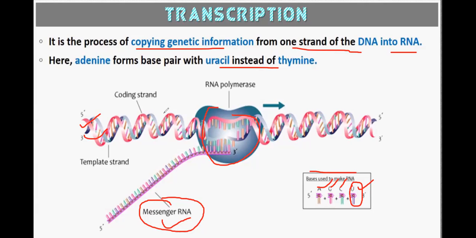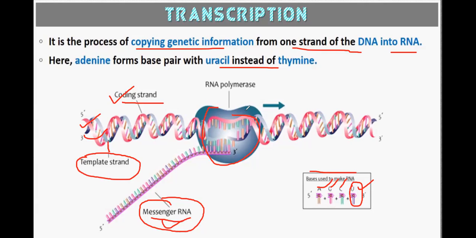If we see this DNA, DNA is double stranded. One strand is known as the coding strand, and another strand is known as the template strand. New messenger RNA is produced by the template strand. This blue color is the template strand. This template strand codes messenger RNA, not the coding strand.